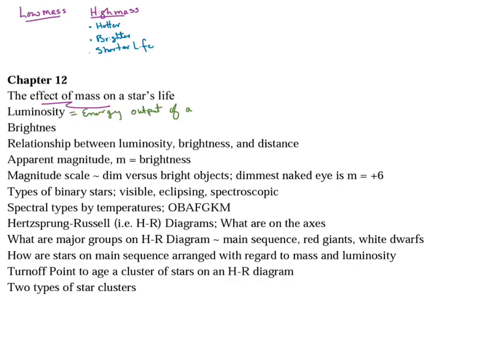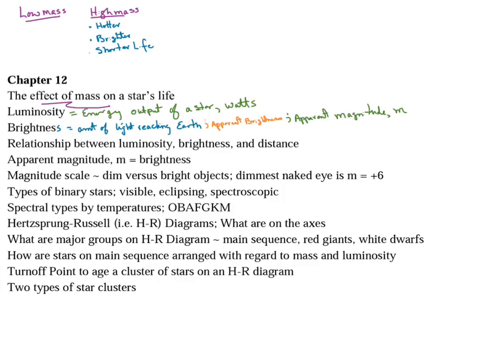Luminosity was the output energy of a star, and it's measured in watts. Brightness, I missed an S there, but brightness is how much energy reaches Earth. So brightness sometimes is called apparent brightness, sometimes it's called apparent magnitude, a lowercase m.